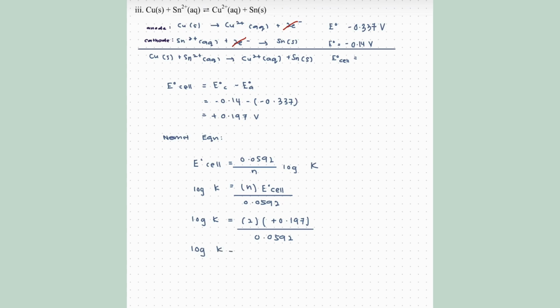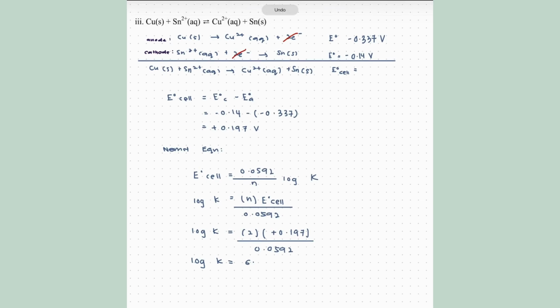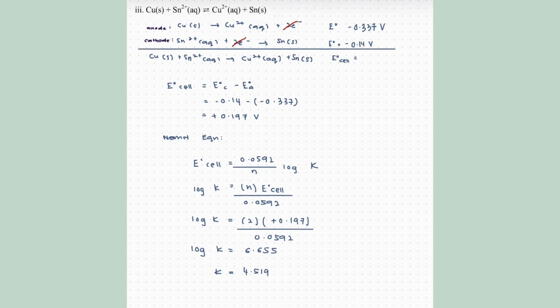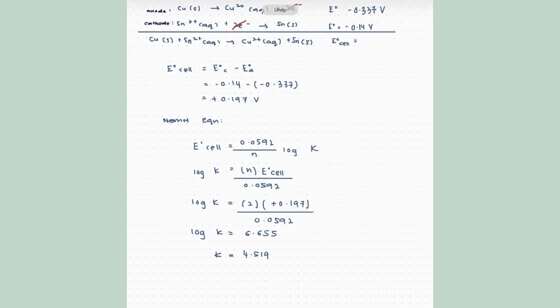And the log K value is 6.655. And then to find the equilibrium constant, we need to shift log 6.655 in the calculator, and the final answer is 4.519 times 10 to the power of 6, and that is the final answer.